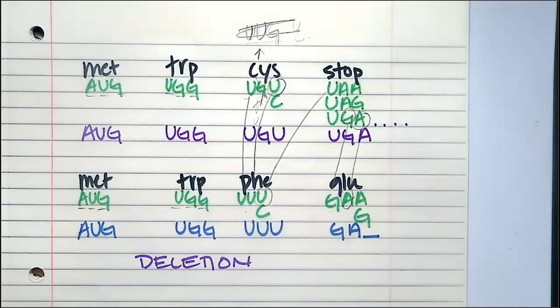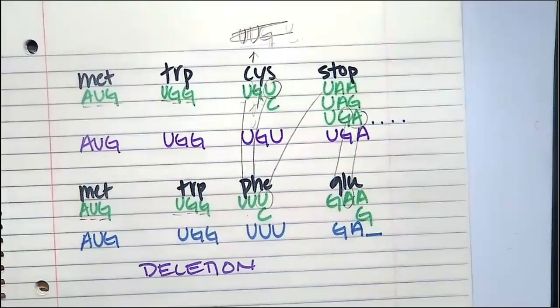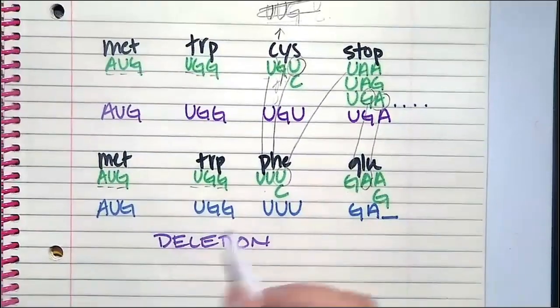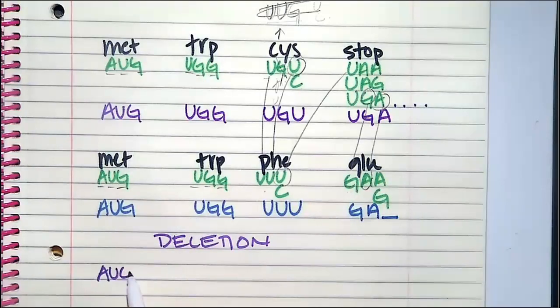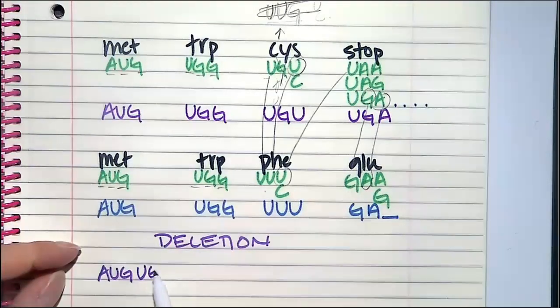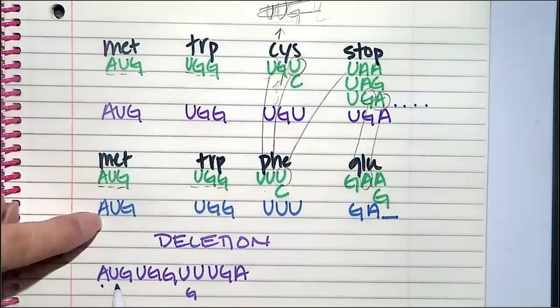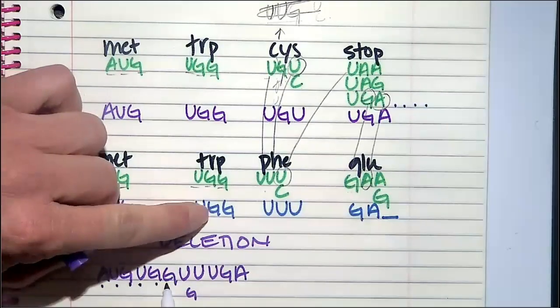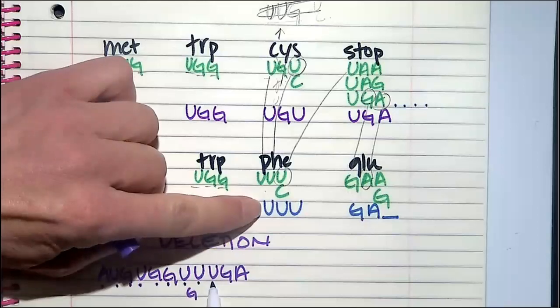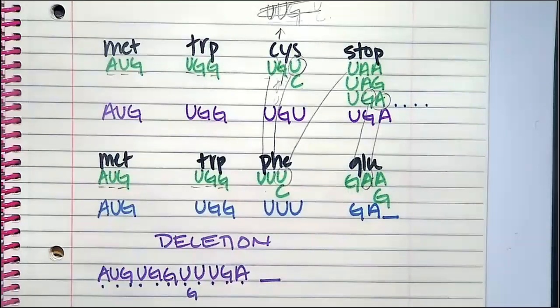So if you want to confirm that this is actually what happened, let's write out our normal mRNA: AUG, UGG, U, then delete our G, U, UGA, and that matches up here: AUG, UGG, UUU, GA, blank.